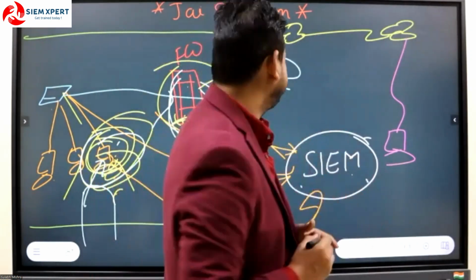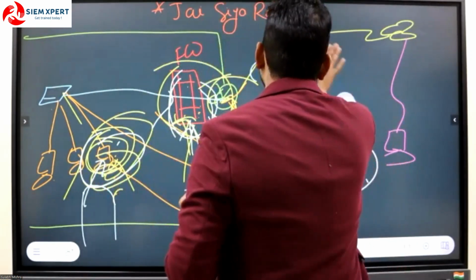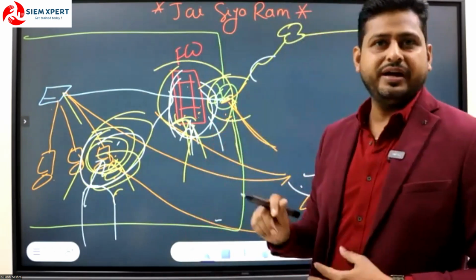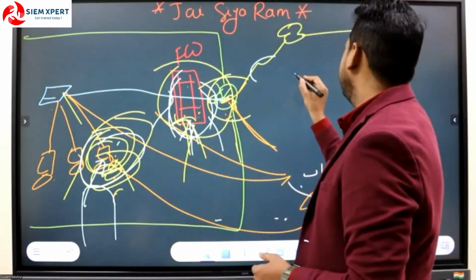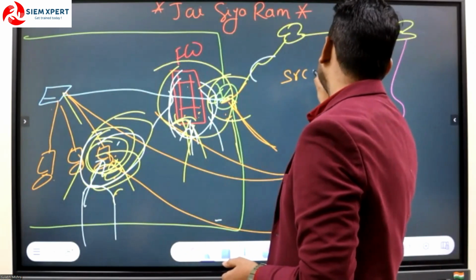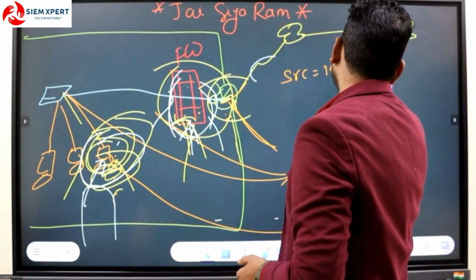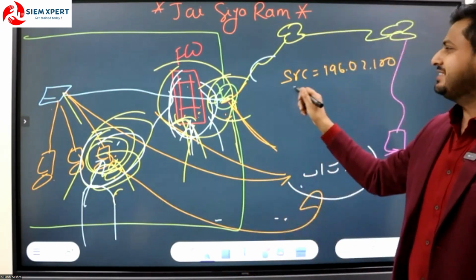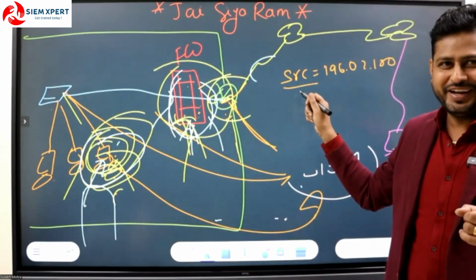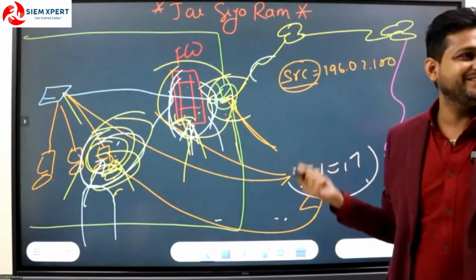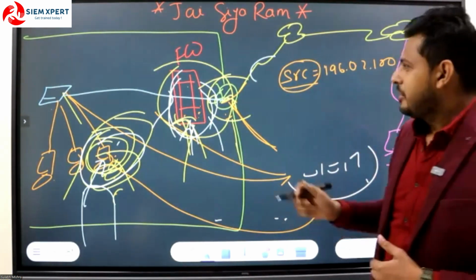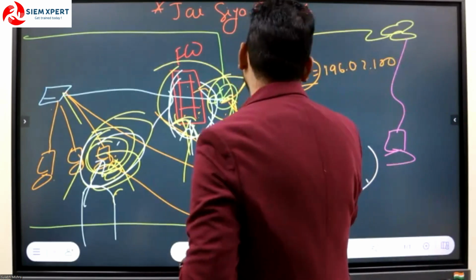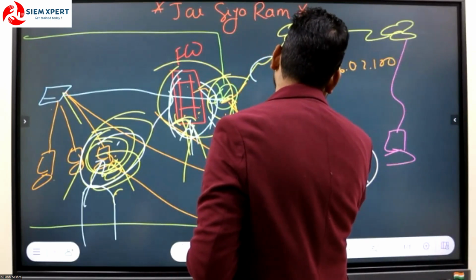For example, whenever a connection hits the router from a particular IP, the router mentions SRC is equal to 196.0.2.100, and the field used is SRC. It's actually the source IP, right? But the router uses the field SRC. When a connection hits the firewall, the firewall uses the word source.